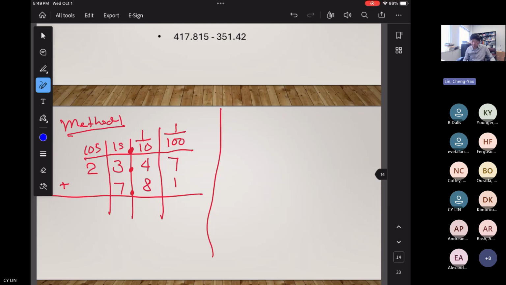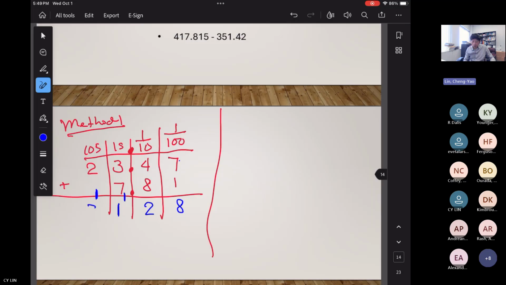So 7 plus 1 is 8. 8 plus 4 is 12, so put a 2 and remember 1 there. Then 7 plus 3 plus 1 is 11, so we carry 1 there.